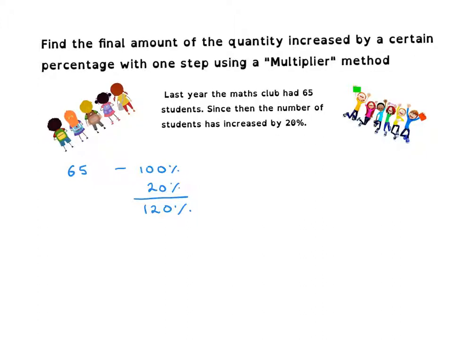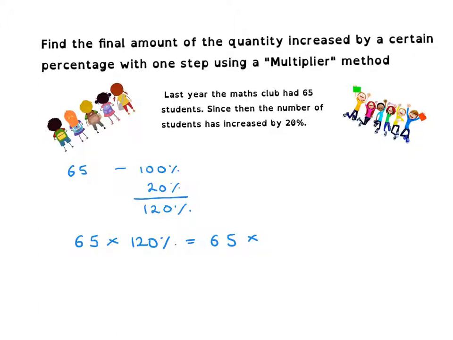So to increase an amount by 20% in one step, we multiply the original by 120%. So the original is 65 times 120%.